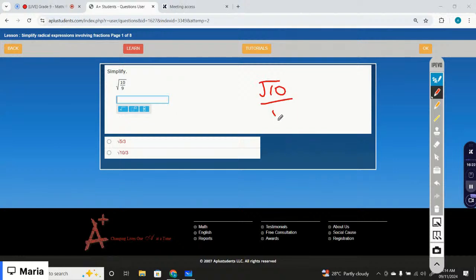You can write it like this, right? So the correct option is square root 10 divided by 3. Option number 2 is the correct option. That is square root 10 over 3. Got it?